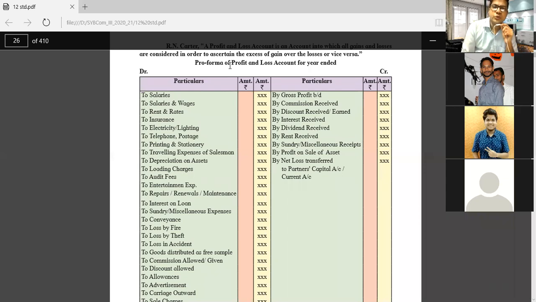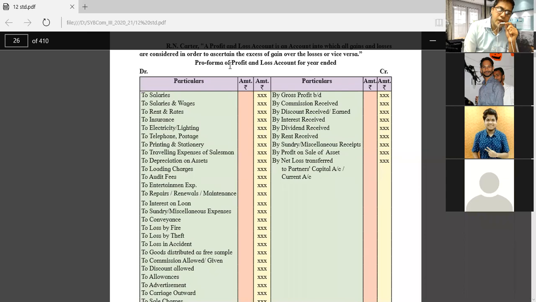Then goods distributed as a free sample. It is one of the losses because a free sample is not an income. It's a free sample we will provide. Sometimes a partnership firm launches a particular new product or sometimes they want to do publicity, for that purpose they will introduce free distribution of samples.